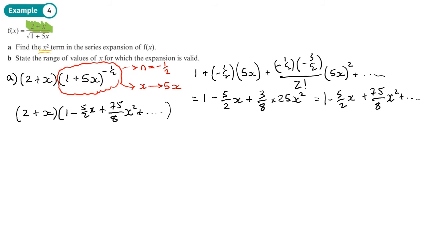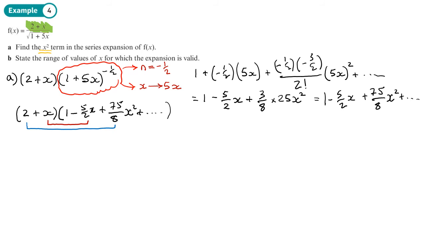So really all we need to do is to multiply 2 by the 75 over 8x squared. That will give us an x squared term. The only other thing that's going to give us an x squared term is if we multiply x by this minus 5x over 2. So we don't need to multiply all of the terms out. We only need to multiply those ones that give us the x squared term.